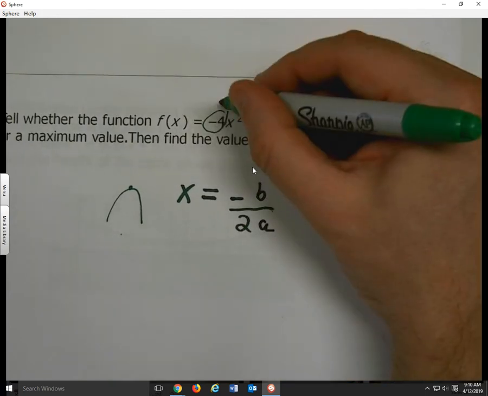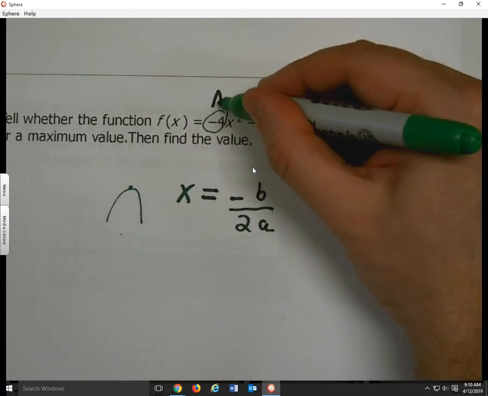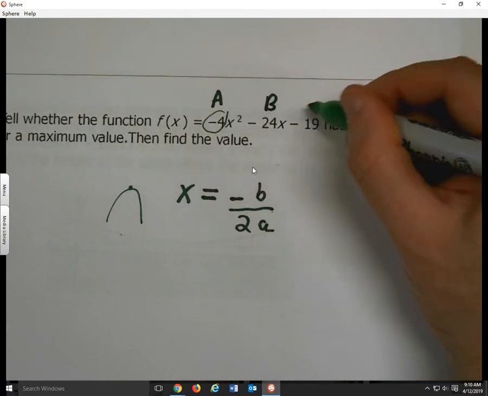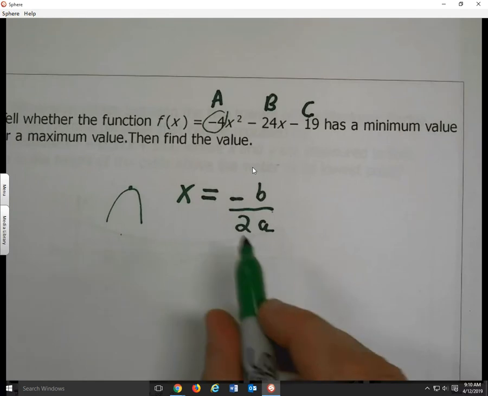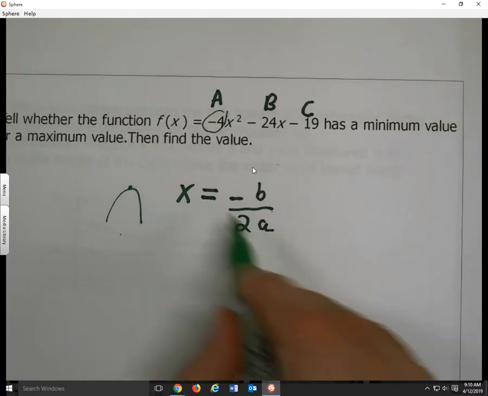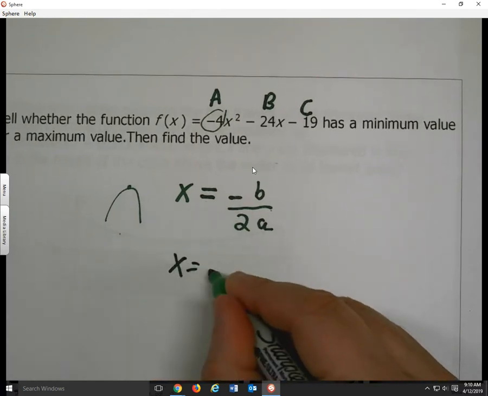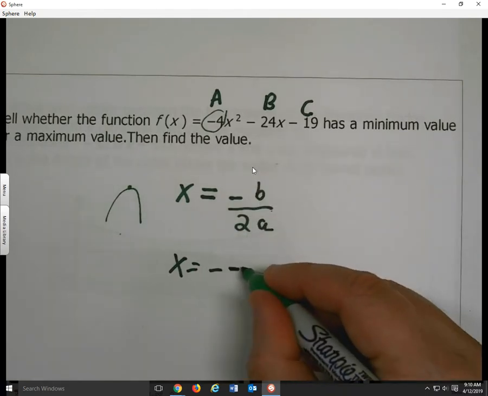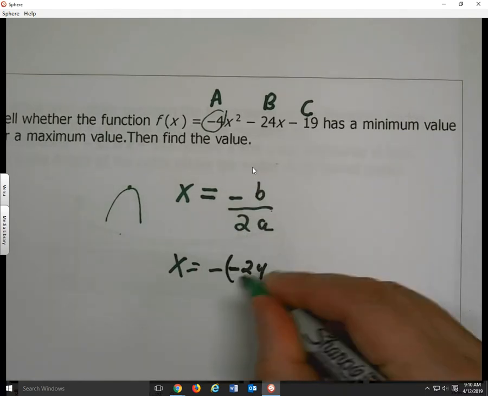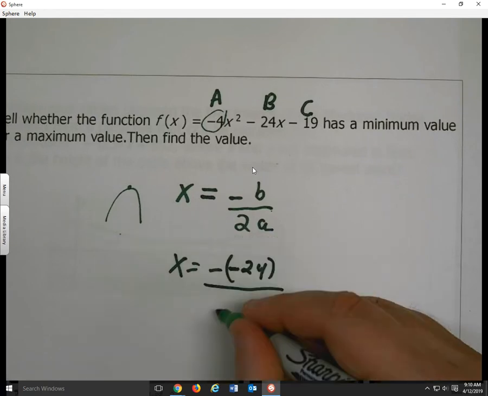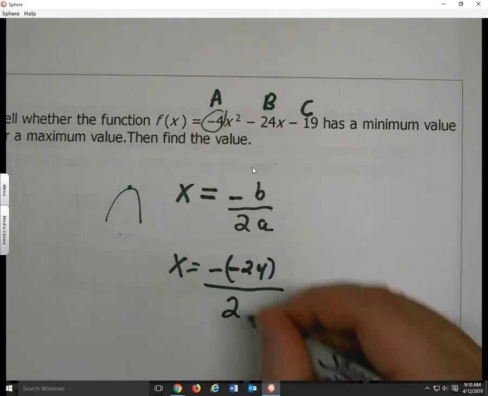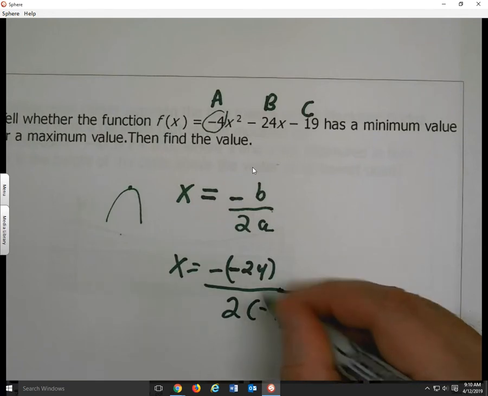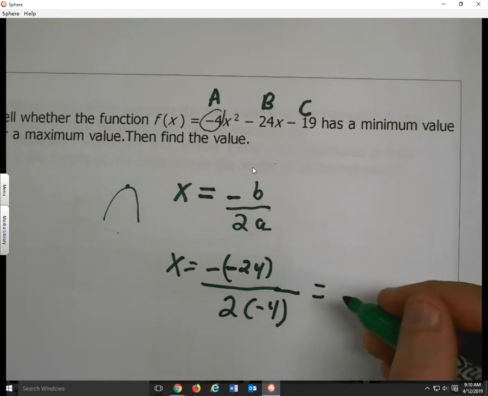So let's go back up to the quadratic and we'll label these. The coefficients or the numbers are a, b, and c. So it'll be a negative b, but the b is a negative 24, so it's going to be a negative 24 over 2, and the a is a negative 4. Some of you like to simplify at this point, but I'm just going to work it all out right now.